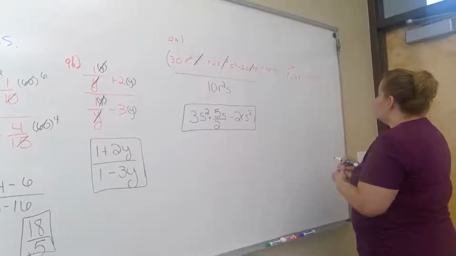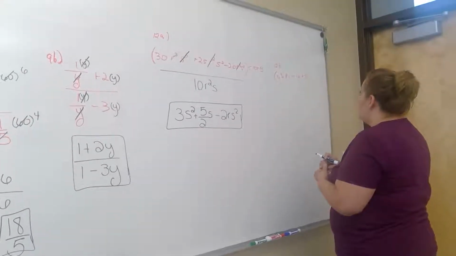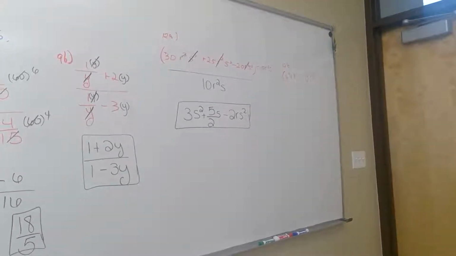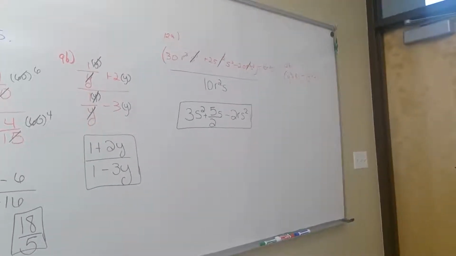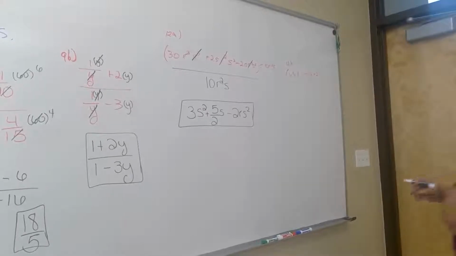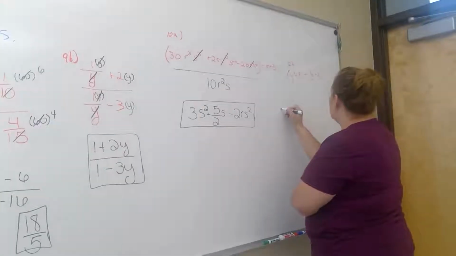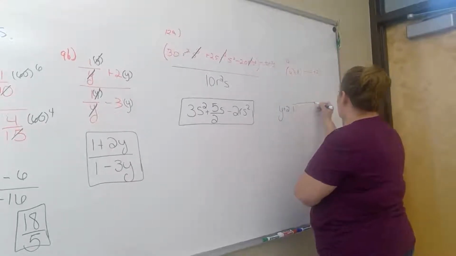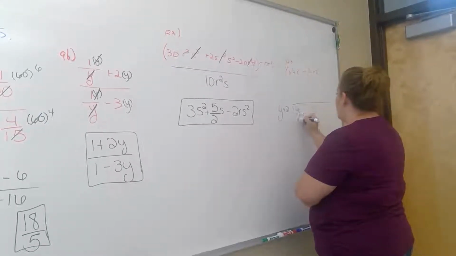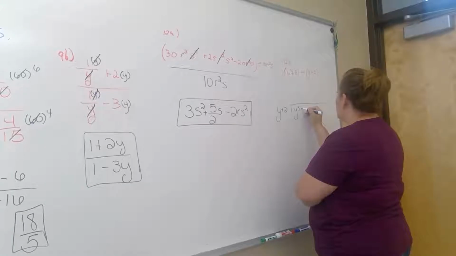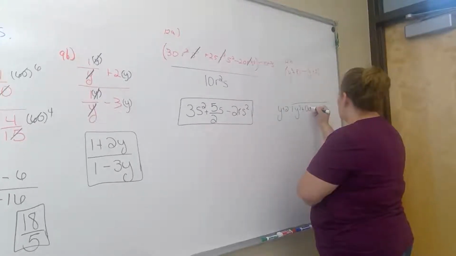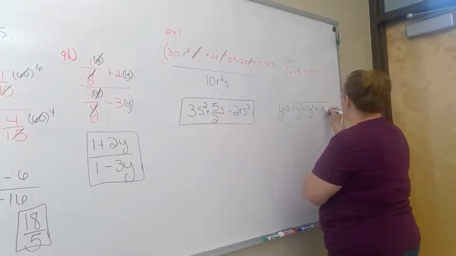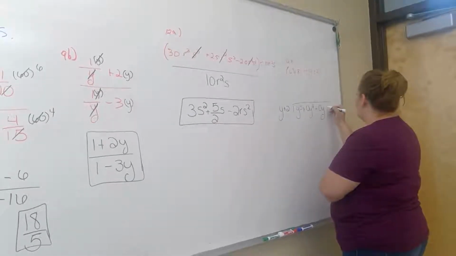And then here, okay, so then this is y plus 2 over y cubed plus 0y squared plus 0y plus 8.